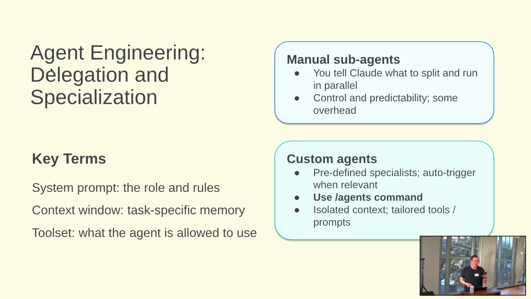Anyway, this tool is pretty great. Now they do require setup using the /agents command, and you can then define the system prompt or have Claude do it itself, with Sonnet or Opus. And they're much more customizable also.